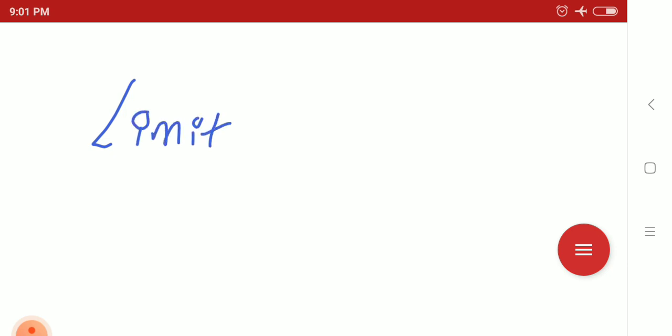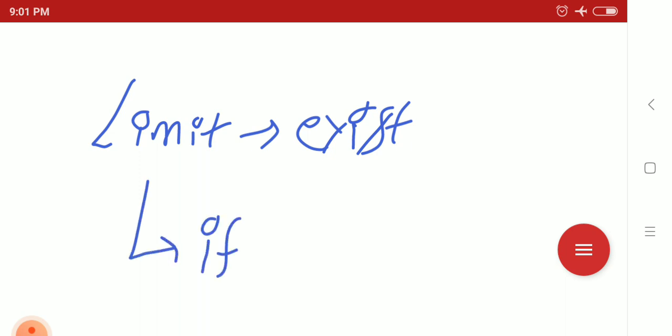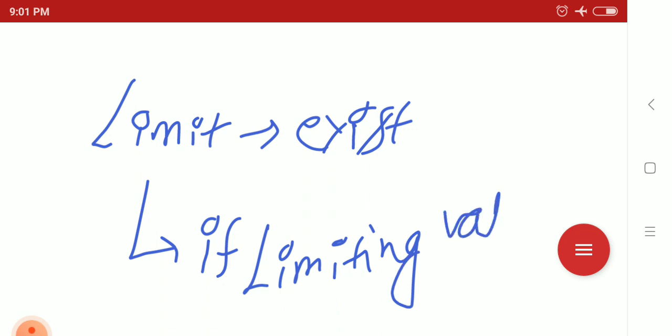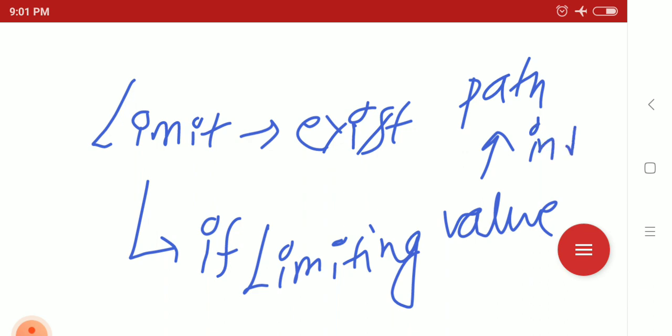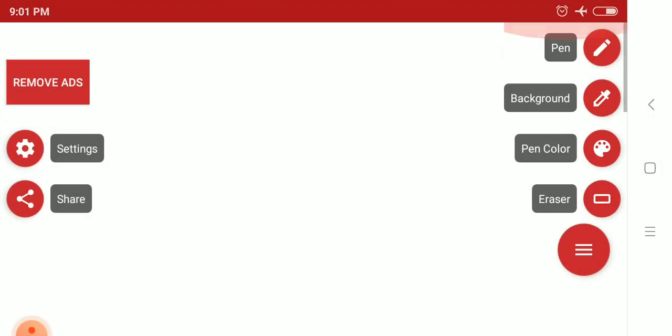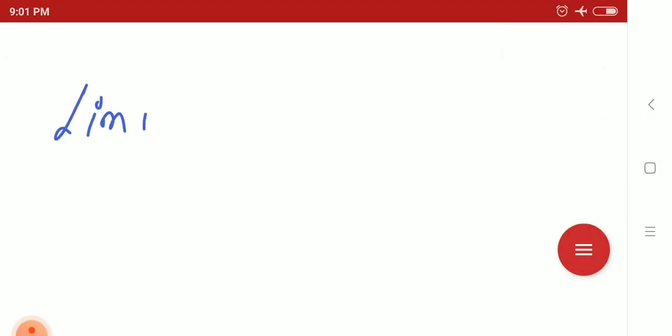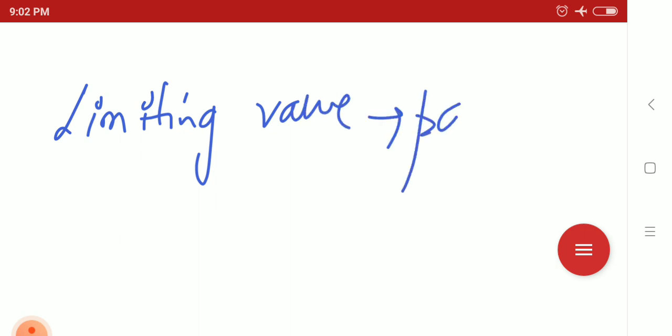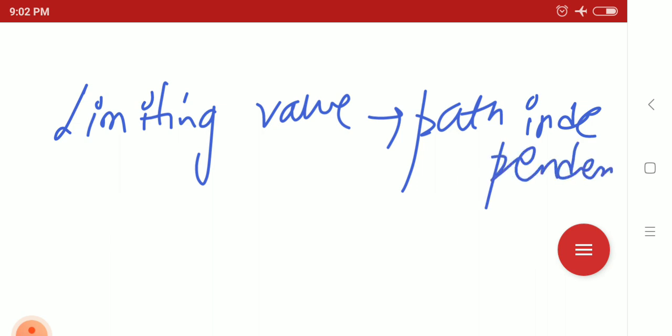Let me write clearly: the limit exists if the limiting value is path independent. If the limiting value is path independent, then the limit will exist.